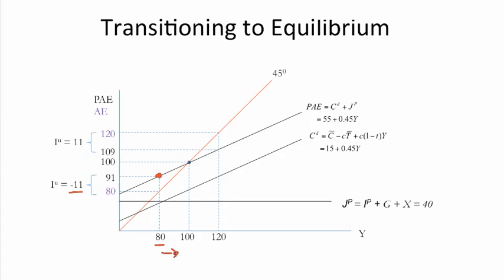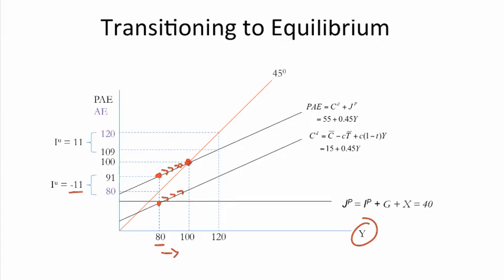And now it's the opposite of the previous slide. As firms increase production, income in the economy increases. As income in the economy increases, households increase their consumption, and we showed that by a movement up and along the consumption function. Consumption's an important part of planned aggregate expenditure, so we also record a movement up and along the planned aggregate expenditure line.